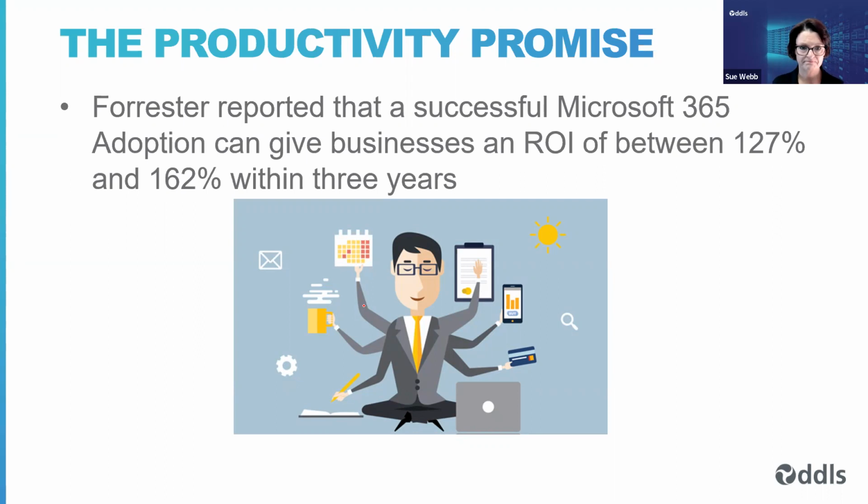So that's what's possible. The key word there being a successful Microsoft 365 adoption. That means we need not just to have rolled out these tools, but we need the staff to have actually adopted and be using those tools to achieve those gains.